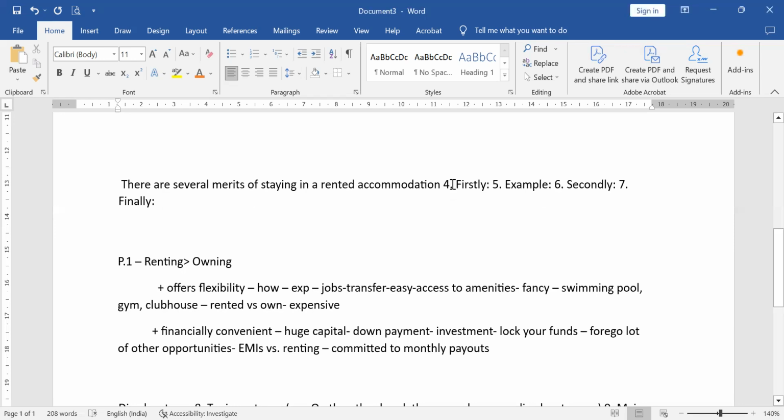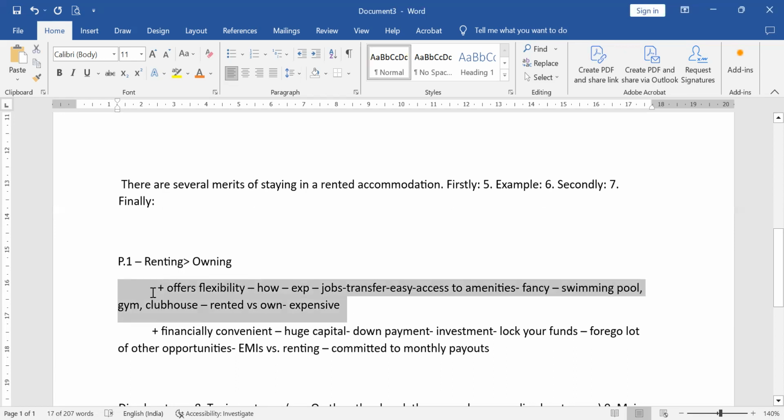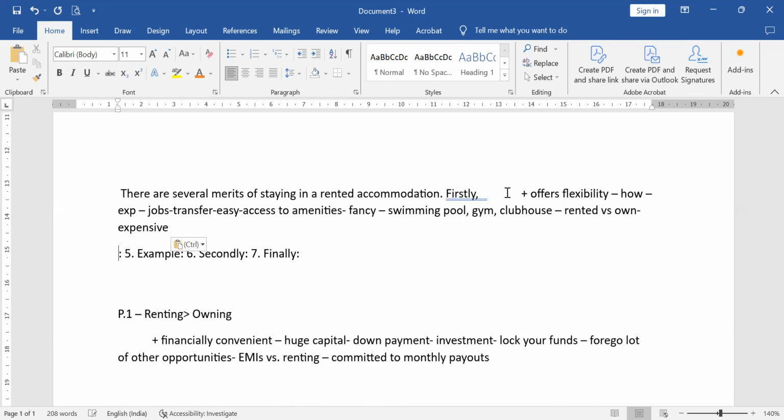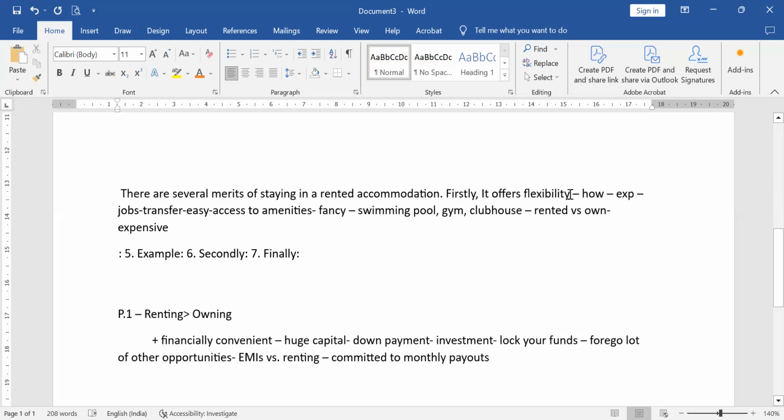That's it. Then the fourth sentence is firstly. This indicates to the reader this is the first point. Firstly, comma, this. Now make a sentence out of this. Firstly means first positive. It offers flexibility. How?